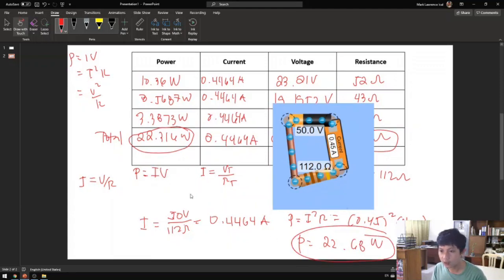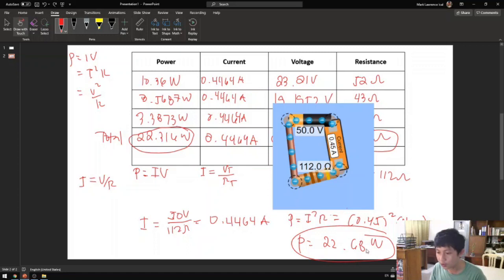So do we have the same? Not exactly. We don't have the exact same answer because we used a voltage that is basically rounded up, so it's not exact. We're not using exact values for the current and the voltage. That's why we have this. It's not really 0.45 though. 0.4464 squared times 112.